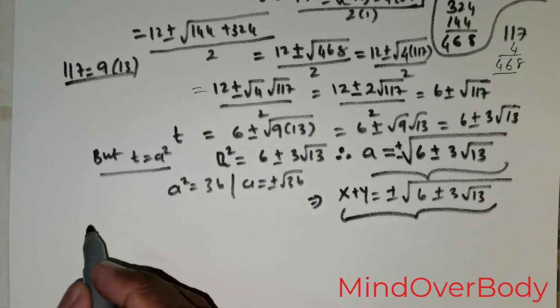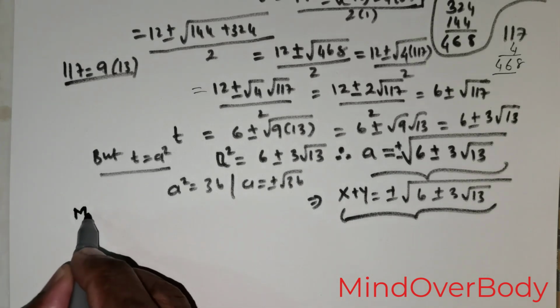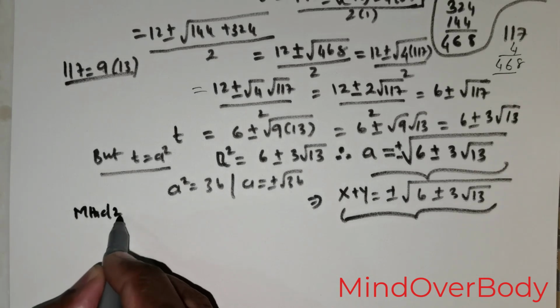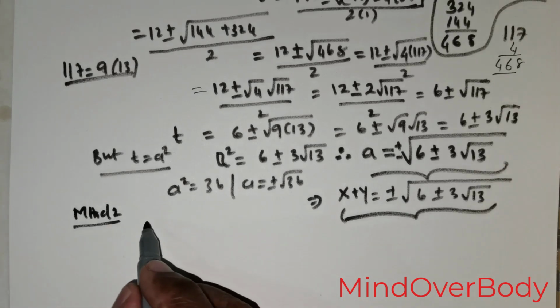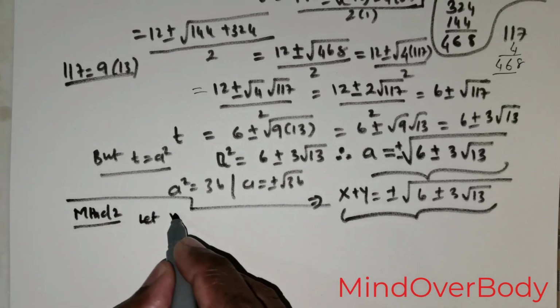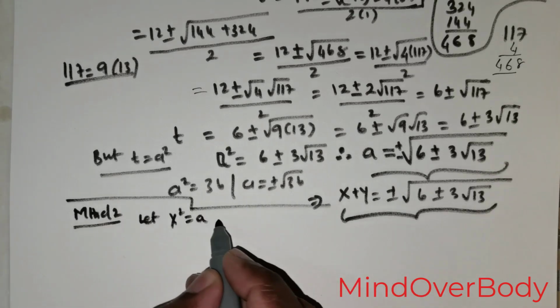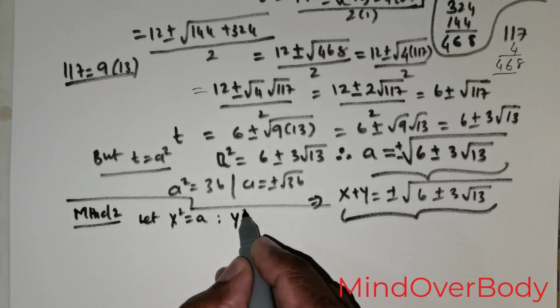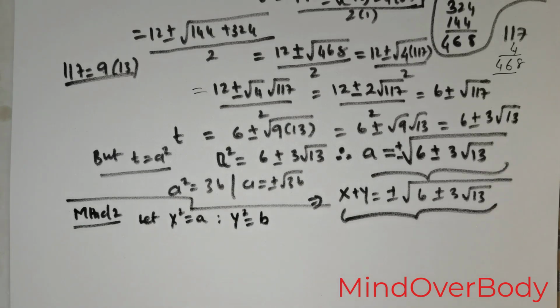So this is one particular way, and I'm going to show you another way. So students, now I will be doing the same question in another method. So this is method number 2. So foremost what I would do is I would just take x squared to be equal to some a and y squared to be equal to some b.